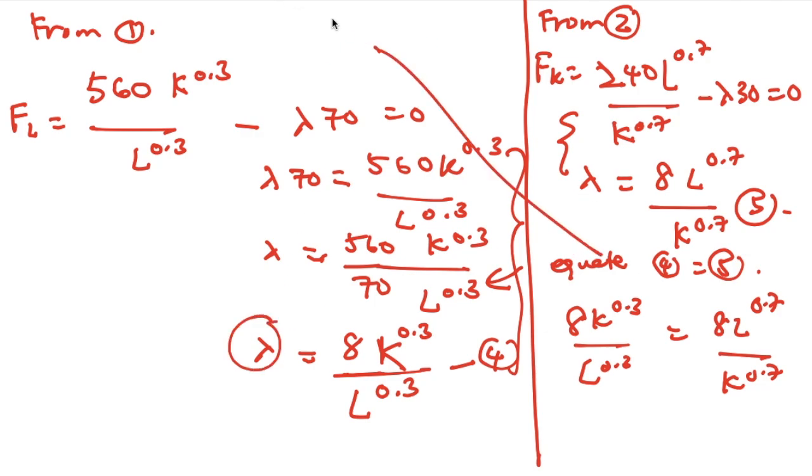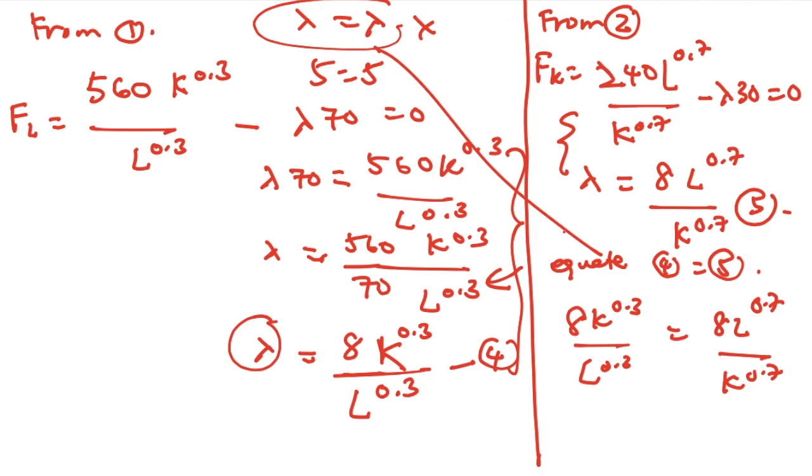So this is wrong. Why do you need to equate lambda equal to lambda? Because they are just the same. It's like equating 5 equal to 5. That's why there's a need to write equation numbers. So you equate 4 to 5, you don't equate lambda to lambda. What's the point? It's meaningless.